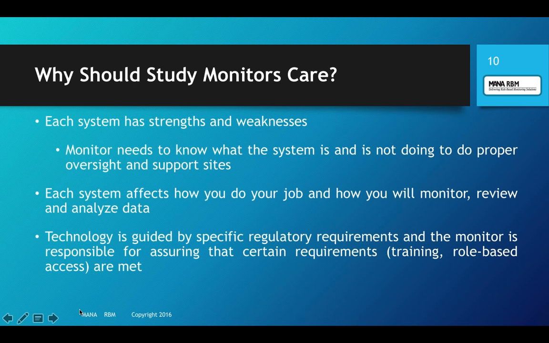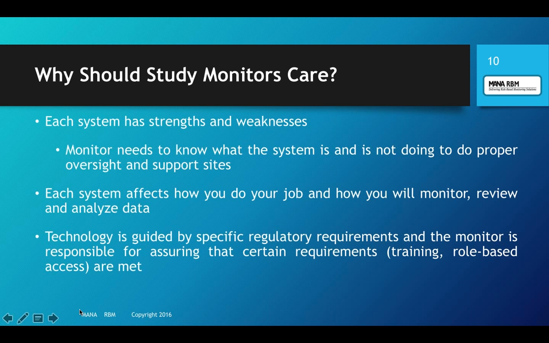So as I mentioned, why should you as a monitor or clinical person care? Before I got involved in the technology space, before I got involved in risk-based monitoring, I was one of those people that said, oh, that's somebody else's job. I don't really care about it. Just get me the data. But what I've come to realize is that it is really important because each system does different things.